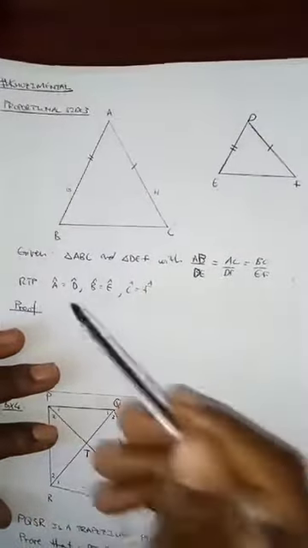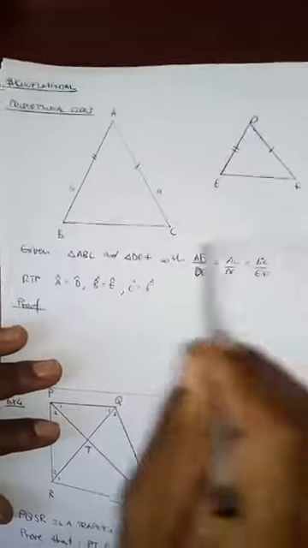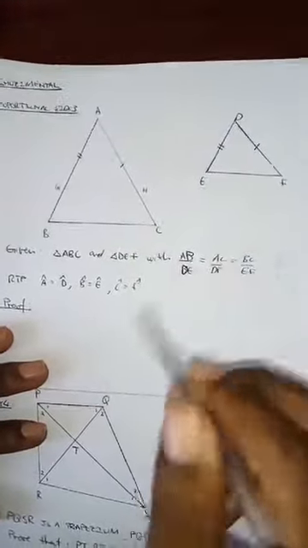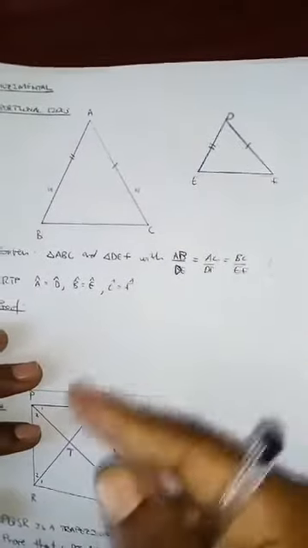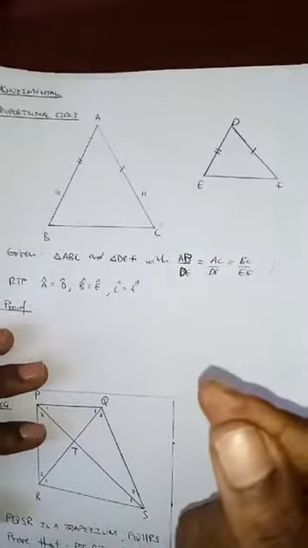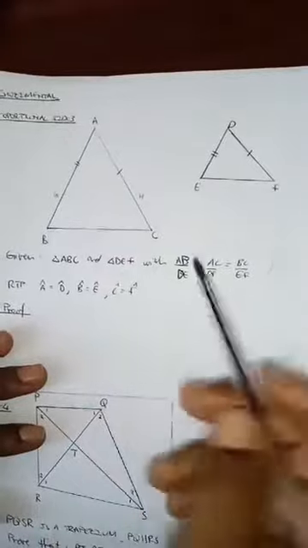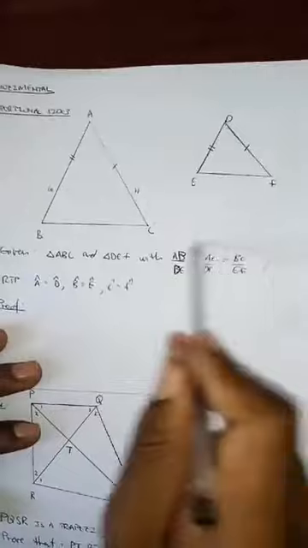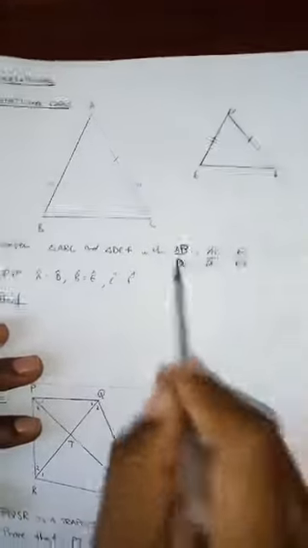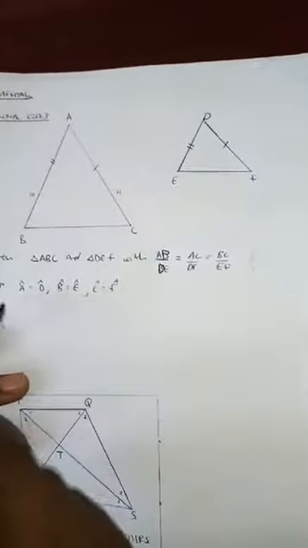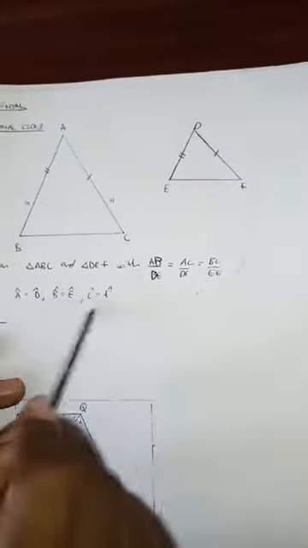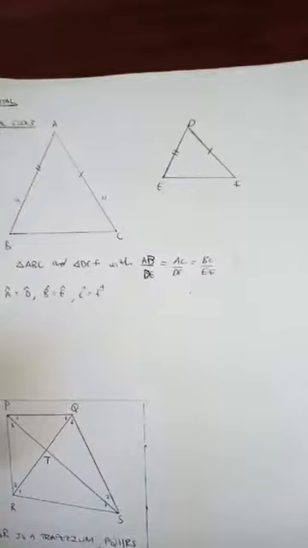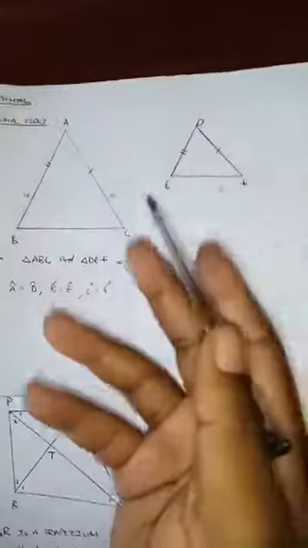Remember I said for polygons you need two conditions, but for triangles one is sufficient because one might imply the other. So given proportionality, can you show that it follows that the angles are equal, that they are equiangular? So we're going to use similarity of triangles.